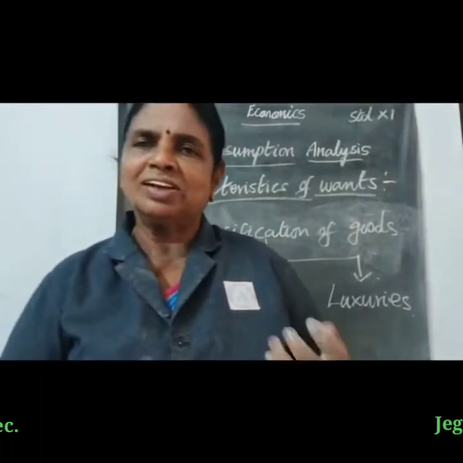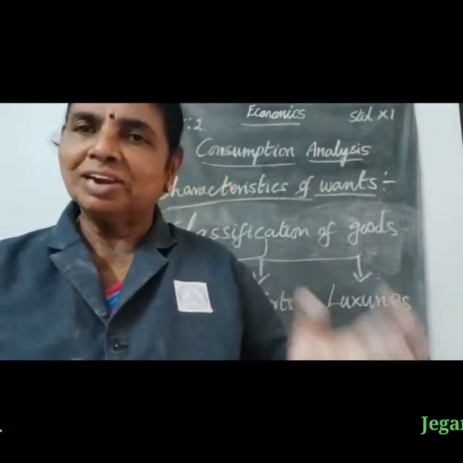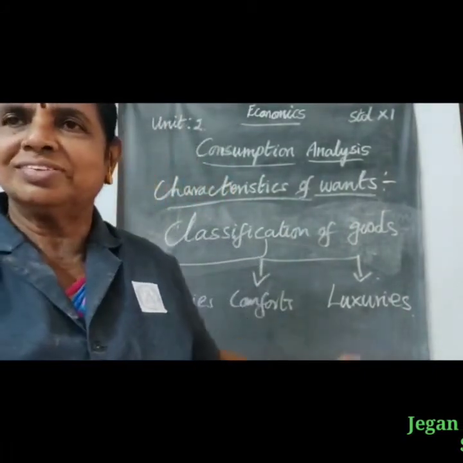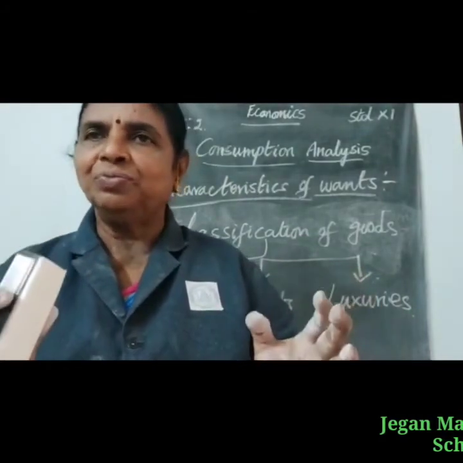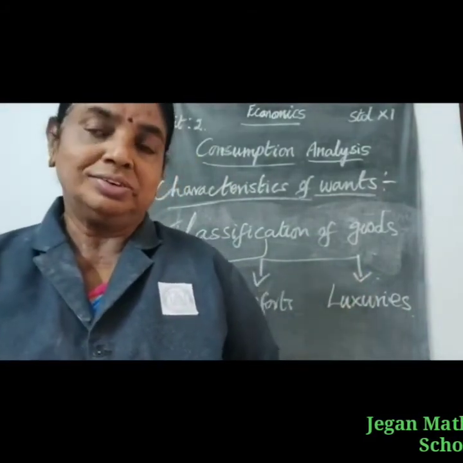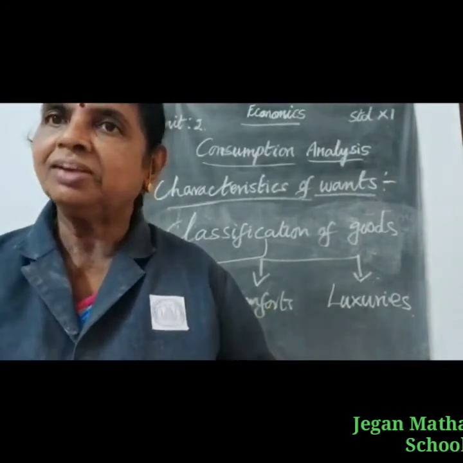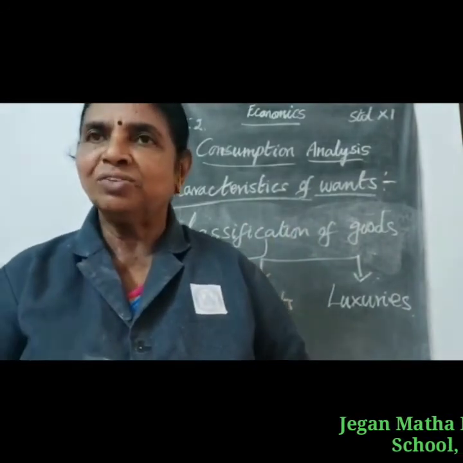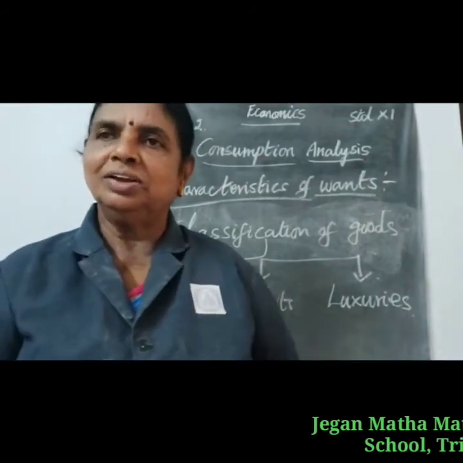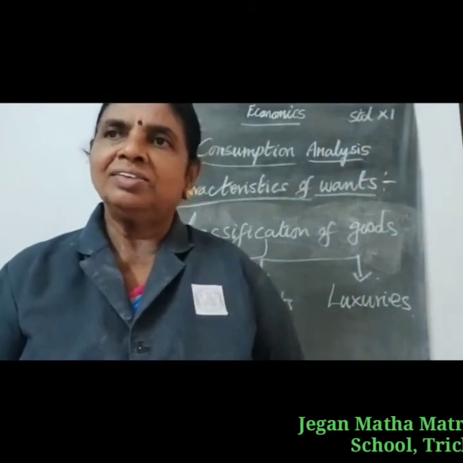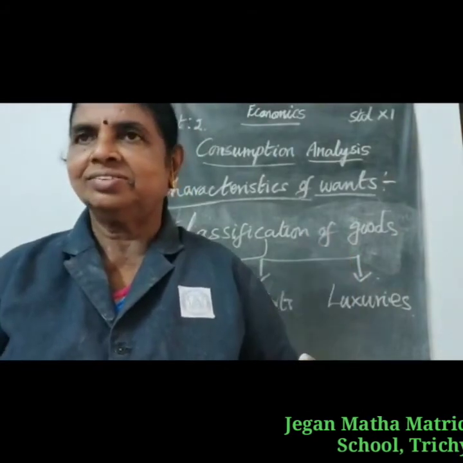The basic thing that a man needs for his living. That's what we call necessaries. Without these basic things, he cannot live. Man requires all these certain important basic needs. So that's what we call necessaries, like food, clothing and shelter.